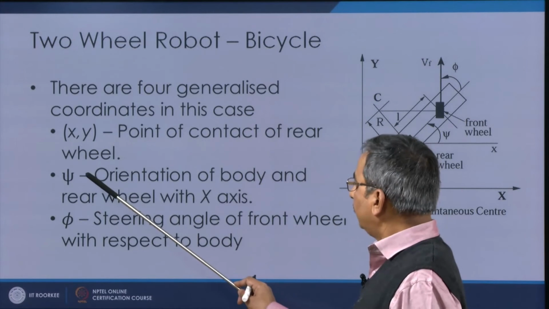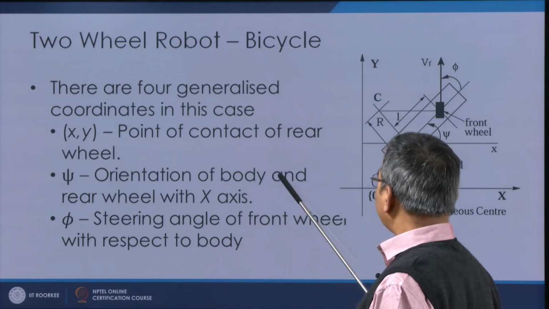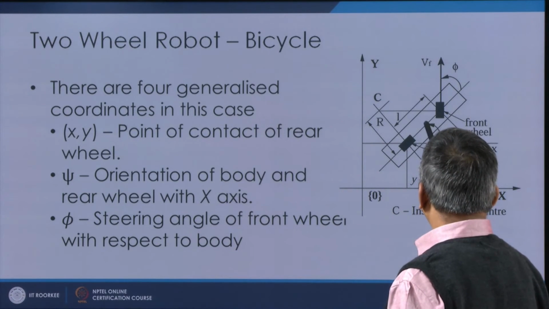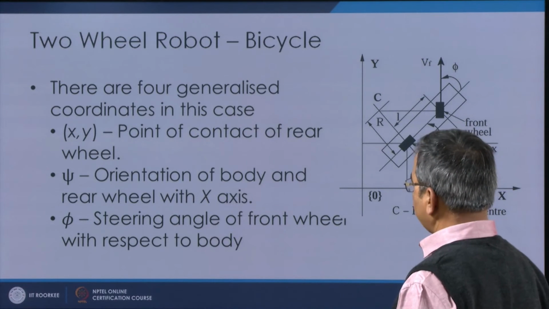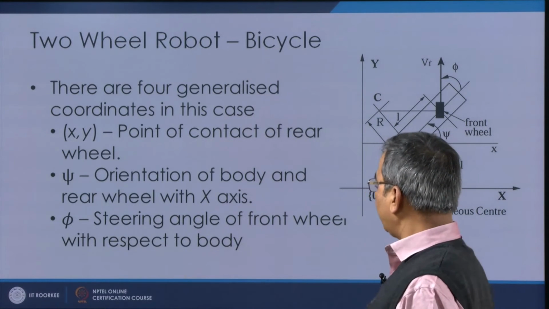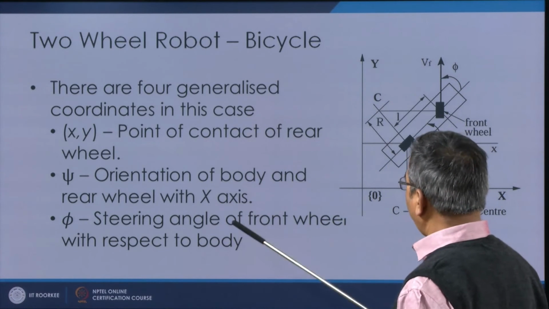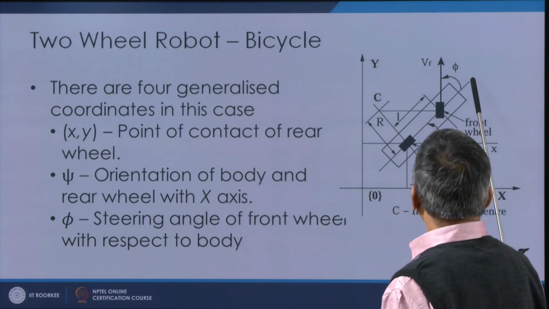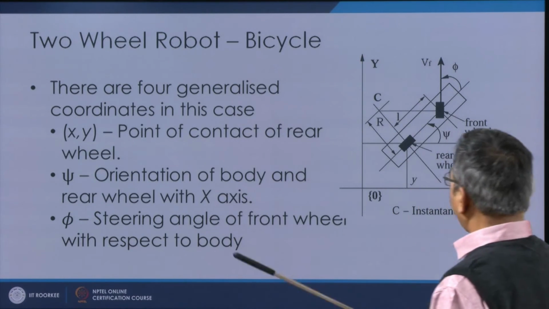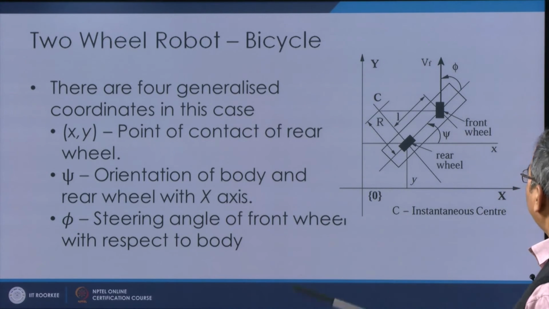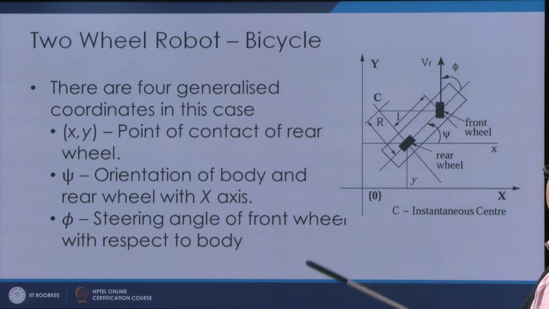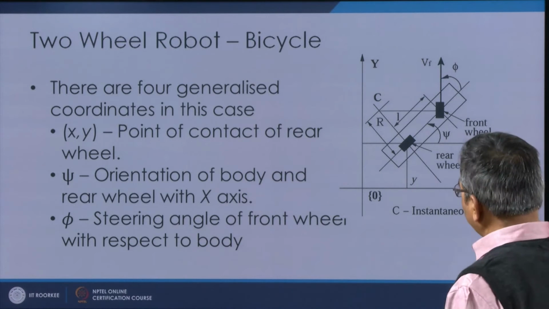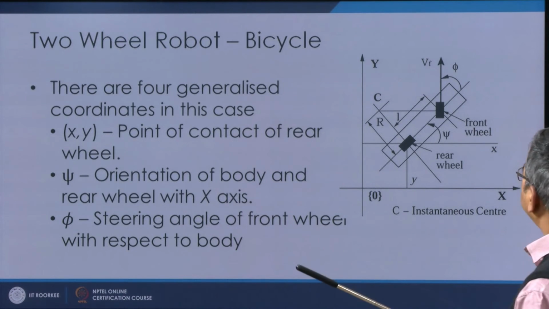We have psi, that is the orientation of the body and rear wheel with the x axis, and there is another generalized coordinate phi, which is the steering angle of the front wheel with respect to the body. This way we can define the 4 generalized coordinates here, and we have the x and y, say this is my 0th frame, or what you can say is the absolute frame.